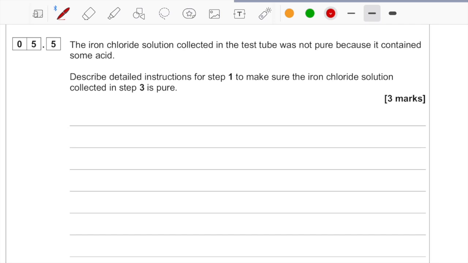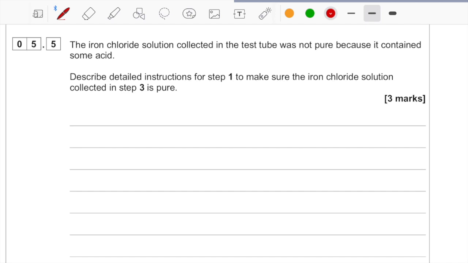Now, if you remember when we did making a soluble salt, it wasn't a metal, it was a metal oxide, but we added it to the acid so that the metal oxide was in excess. How did we know it was in excess? How did we know that all of the acid must have reacted?